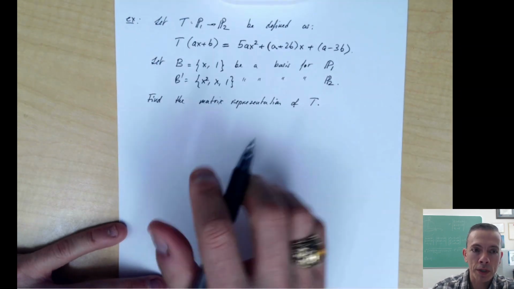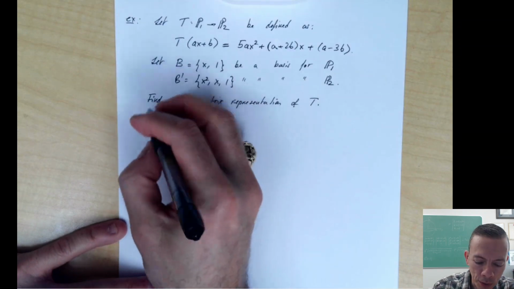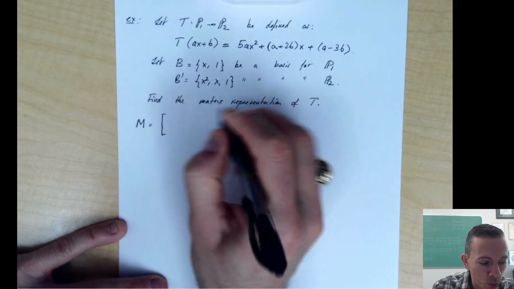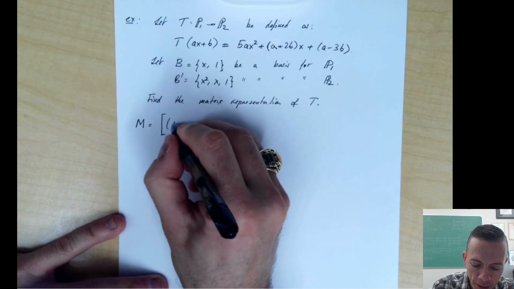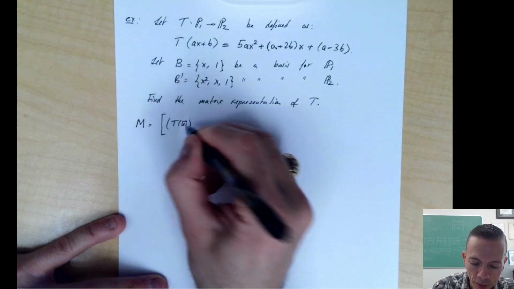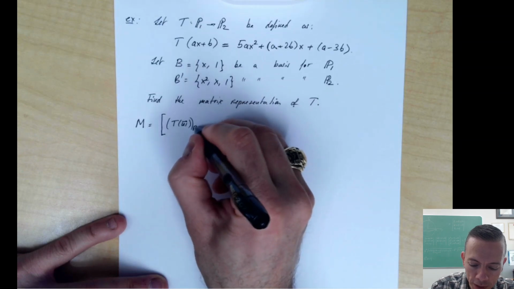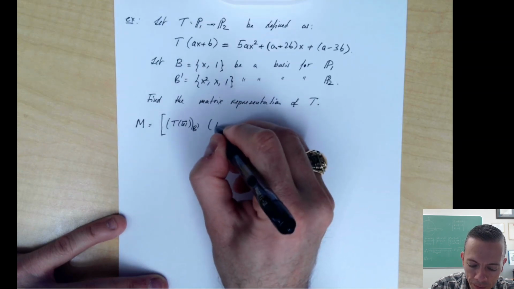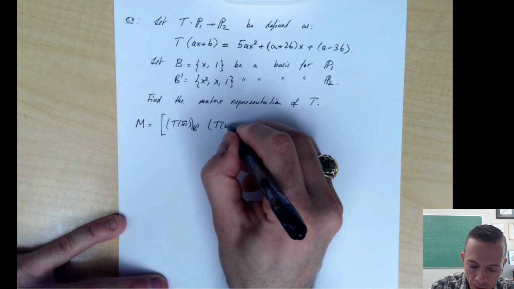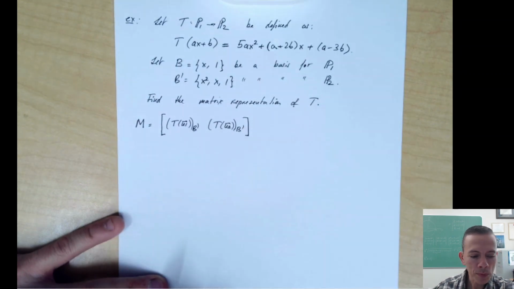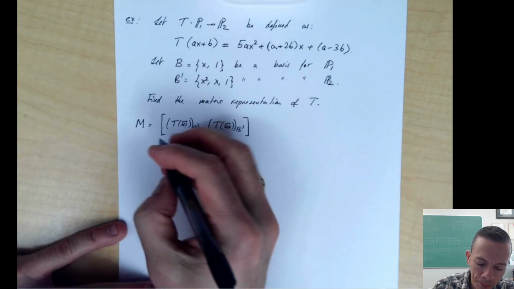So according to what we just derived, the matrix that we're looking for is a matrix whose columns will be the images of the basis vectors u1 and u2 relative to B prime. So we can do this column by column.